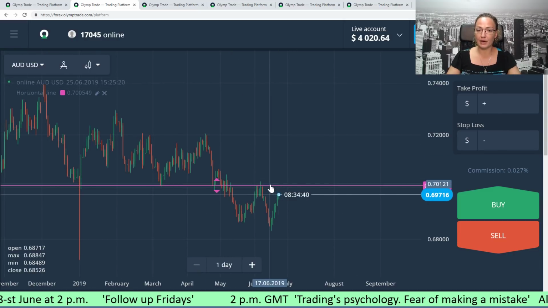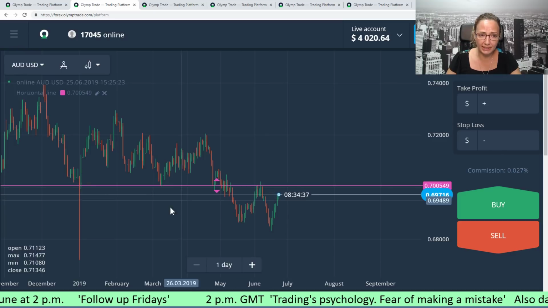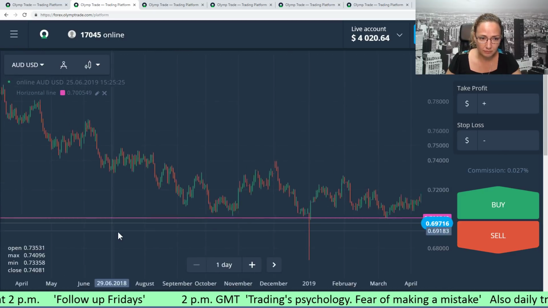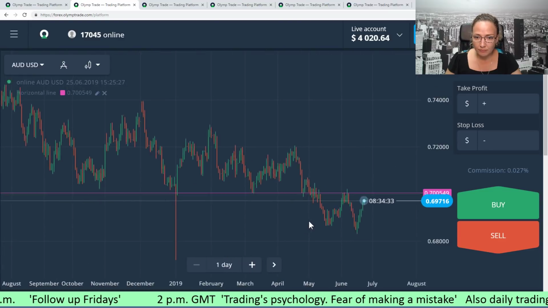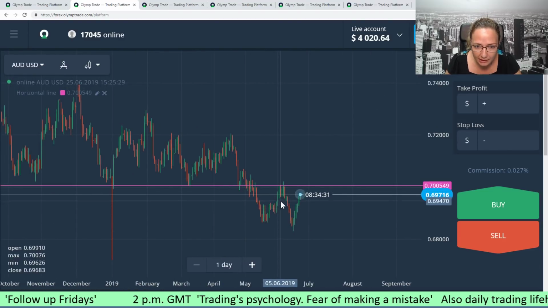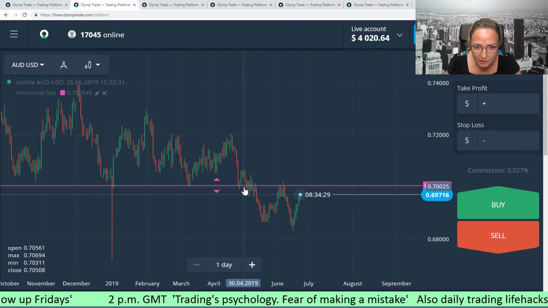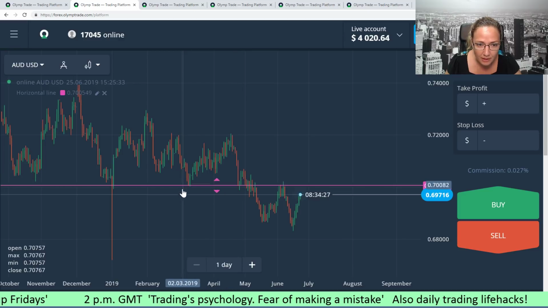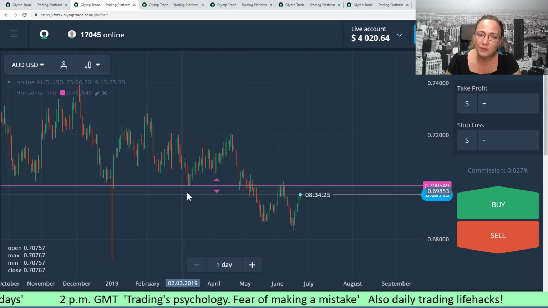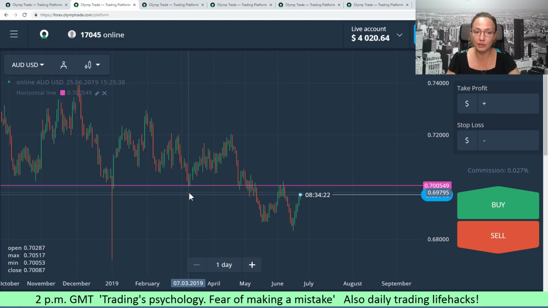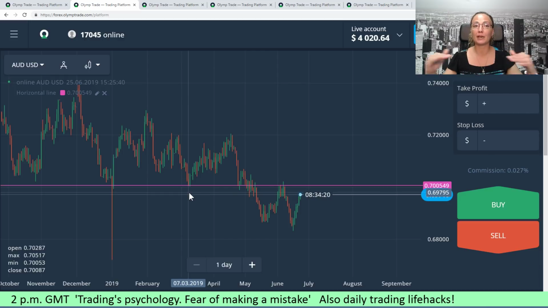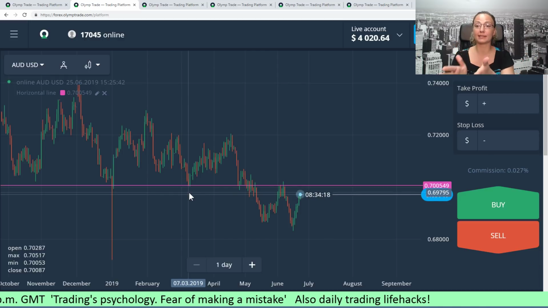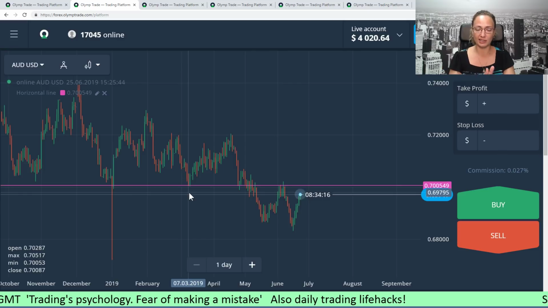I do have here a resistance level, but it is just connecting some local highs, as you can see how it's supported here and it's supported here. I know it doesn't have ideal touches, but just remember this price level, we're not going to treat this exact price as our support and resistance.